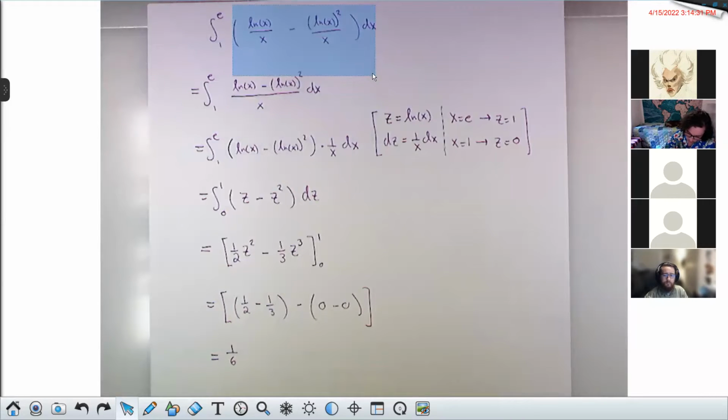If you want to, you could have split this up and done each one separately. Here I took care of it with one integral and one substitution because it's the same substitution in both. All right, let's take a peek at the graph.